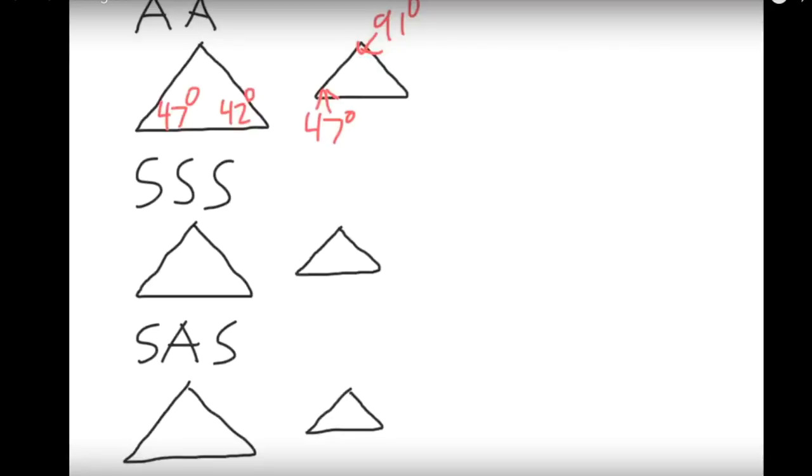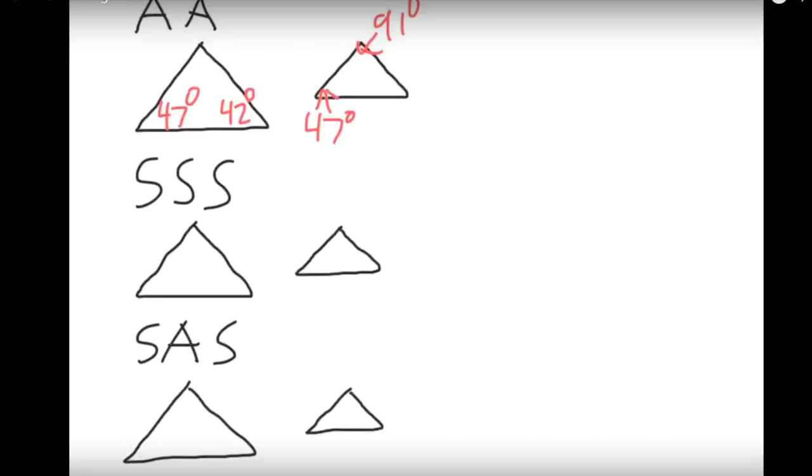So that means we've got one angle congruent to another angle, 47 and 47. Now we need to know that a second angle is congruent. This one's 42, this one's 91. So we need to find out one of the third angles, either this one or this one. It doesn't matter which one you find. Find one or the other.